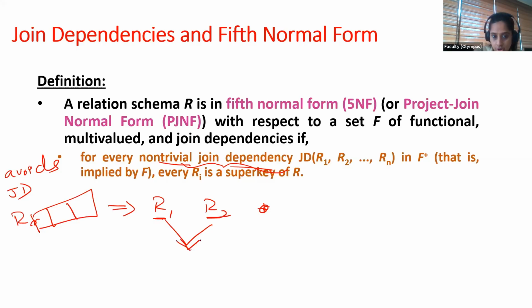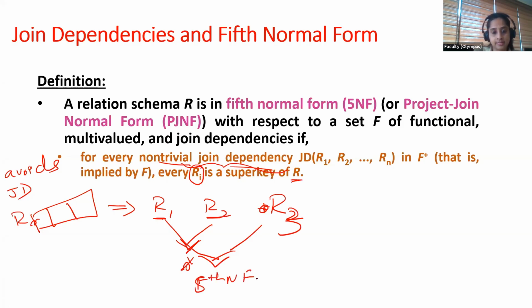You need to make sure that one of my relations Ri should be a super key of R. It should be the same super key of R. So that means when you join it, it should be equal to R. Okay. So that means this is not possible. This is only possible when you make three tables and then join. Then usually your fifth normal form will be satisfied.